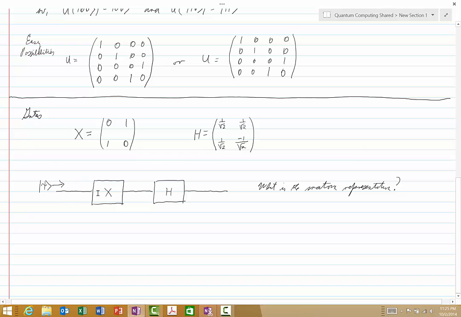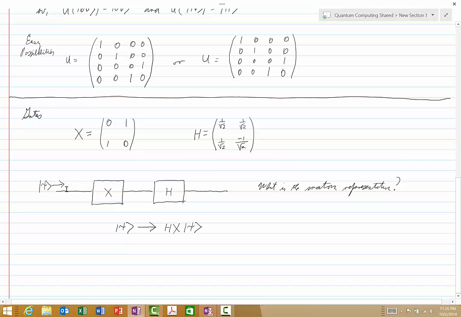And notice that the first transformation that will act on C is X, and the second one that will act is H. Therefore, if we want to write the action as a matrix equation, what we would have is something like this. C would be transformed into this. Notice that X is acting on C first, and then H will act on the result of that.